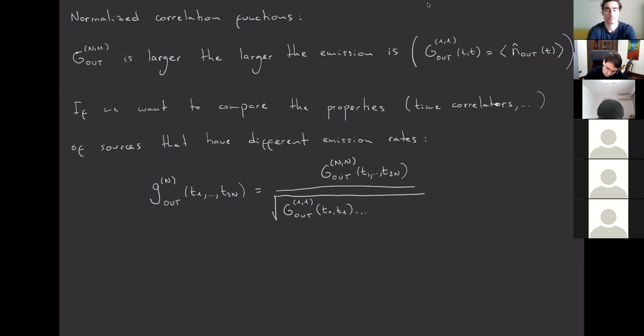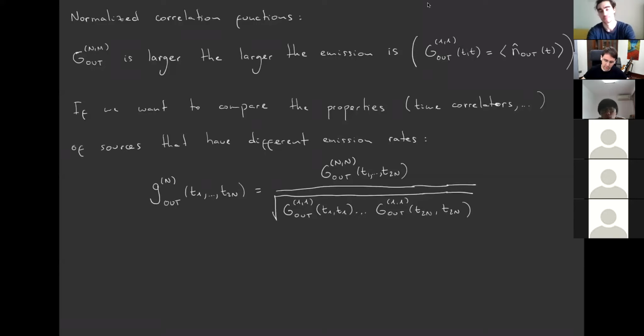So we have 2n emission rates. Now we can write it like this. Oh, sorry, this is not 1, but 2n. Let me write it again.